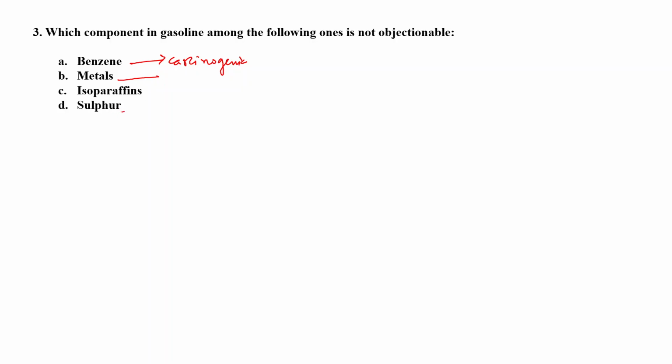Then metal contents are also objectionable because they may deposit inside the engine and may cause corrosion of the engine. Then sulfur content also leads to the emission of SO2 and different harmful gases, so it is also objectionable. Only isoparaffins are not objectionable in the case of gasoline.